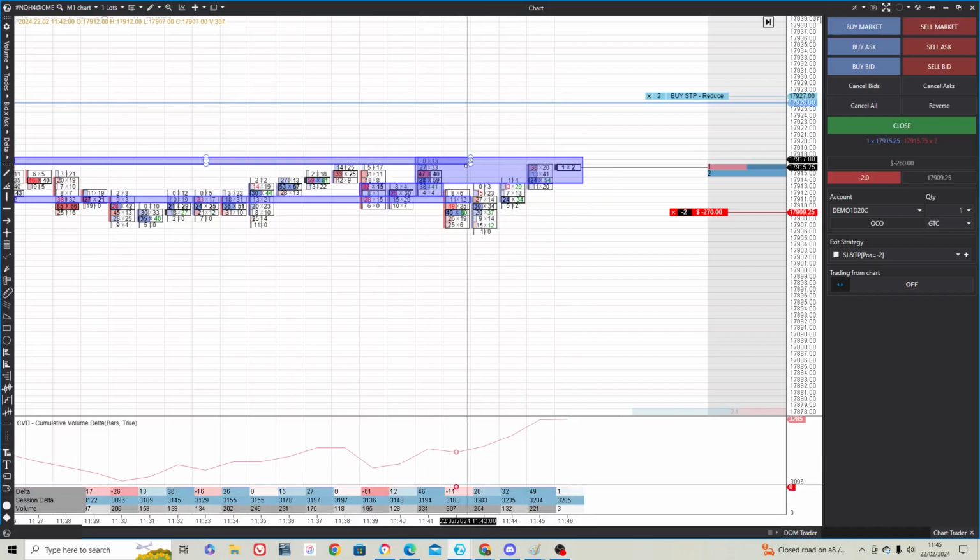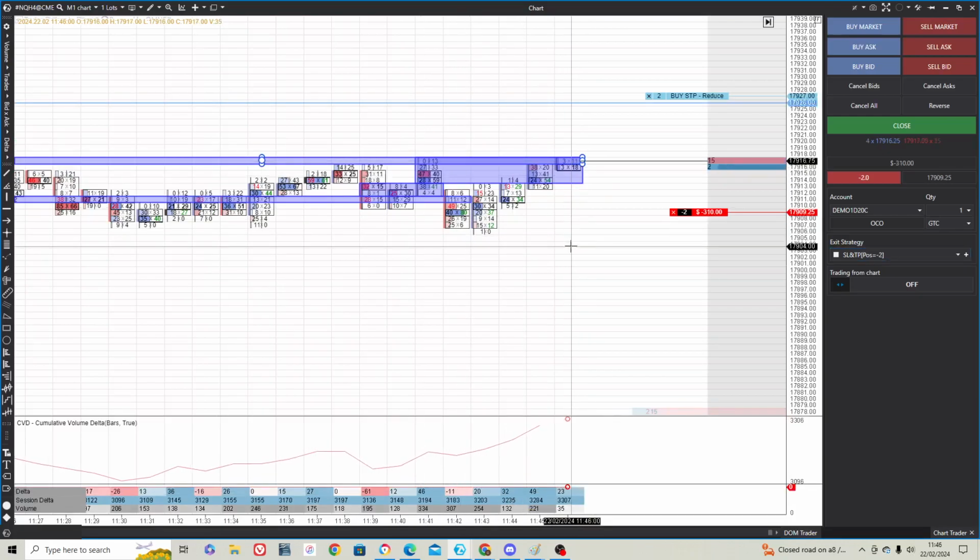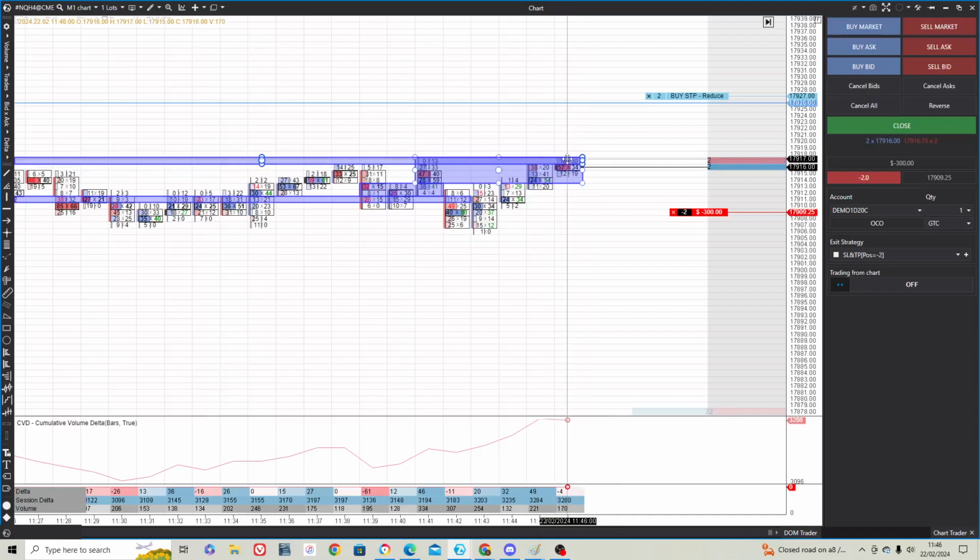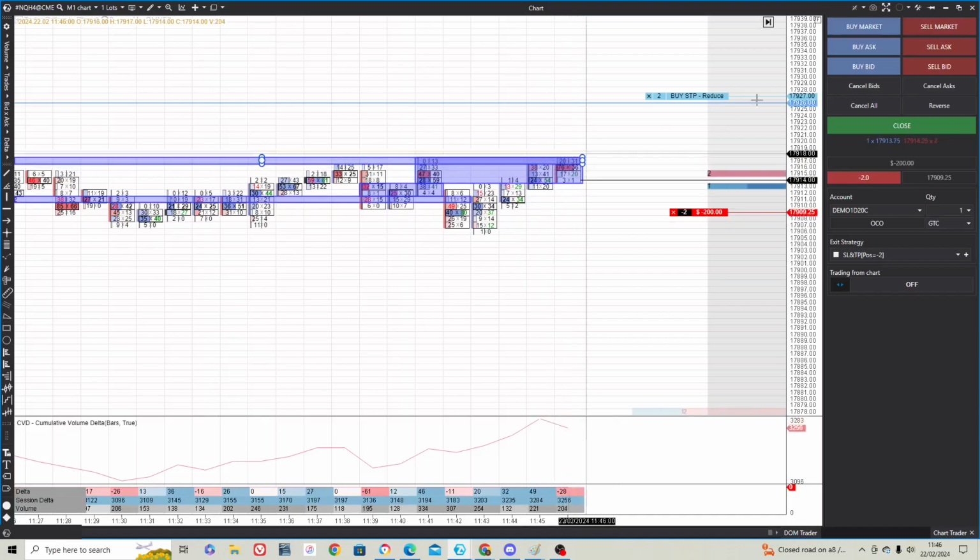Potentially. We'll see. A second rejection of this level with a negative delta would encourage me to add.